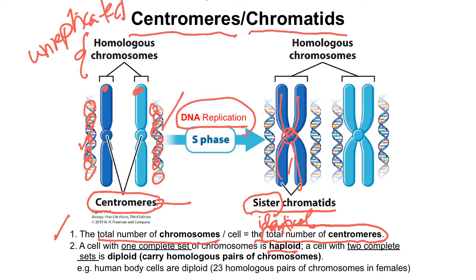In males, you have an X and Y. The X and Y are strictly not homologous because one is a large chromosome and the other is a tiny chromosome. There is only a partial homology between them, but that is something you can discuss in your genetics portion. Okay, so this is the concept of centromeres and the concept of chromatids.